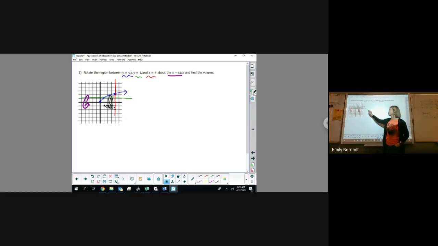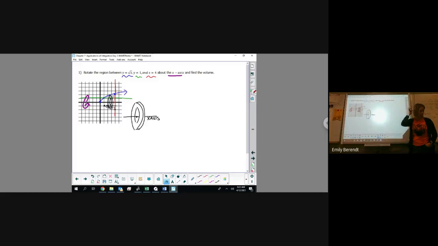I always like to draw a bigger one out to the side. This line would represent my x-axis, and what is its equation?